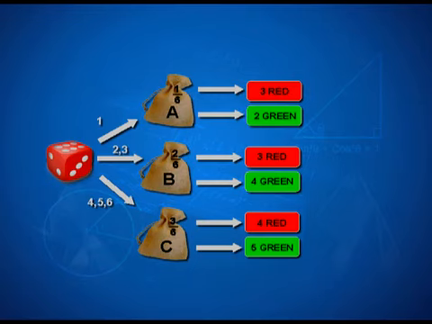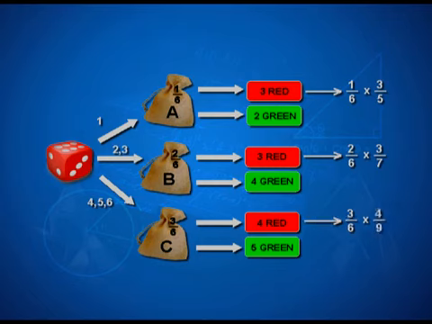And getting a red ball out of the bag A, the probability therefore will become 1 by 6 into 3 by 5. So, 1 by 6 is probability of the bag A into probability of a red given that bag A was selected. Similarly, probability of a red from bag B will become 2 by 6 into 3 by 7, and red from bag C will become same as 3 by 6 into 4 by 9.